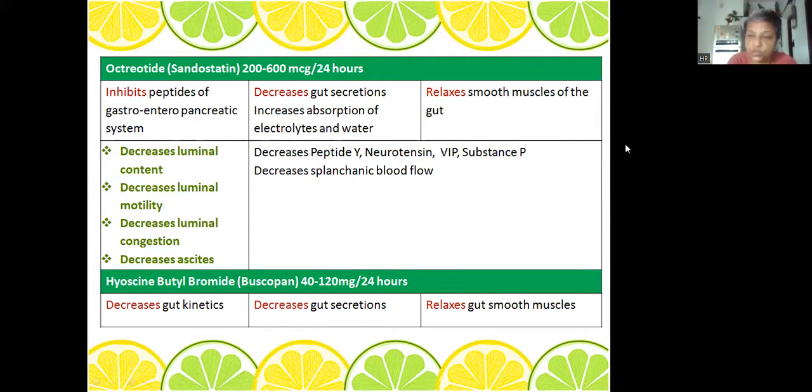So many patients do use these medications. That is buscopan. Again, buscopan decreases the gut kinetics, decreases the gut secretions, and relaxes the gut smooth muscles. That relaxation itself will help the patient, the pain will come down. So these are some things.